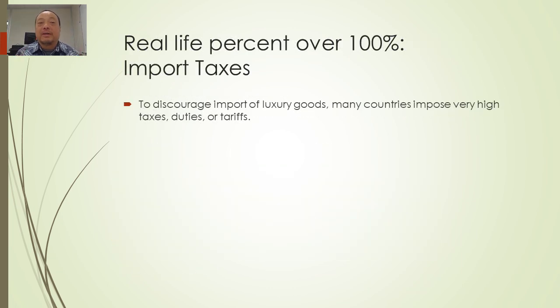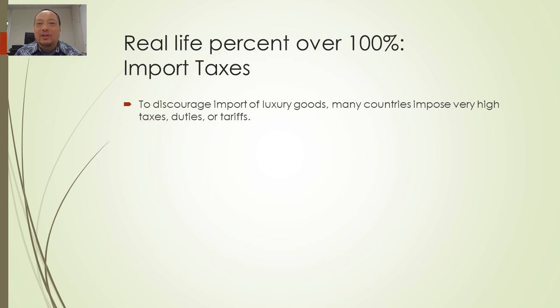Here are some real-life examples of percentages higher than 100%. There are countries that are trying to limit the imports of luxury items because a lot of countries are protectionist. To prevent people from importing luxury items, they want to make sure those imports get very expensive. So they impose a really high cost on those imports. Now, these things are called by different names.